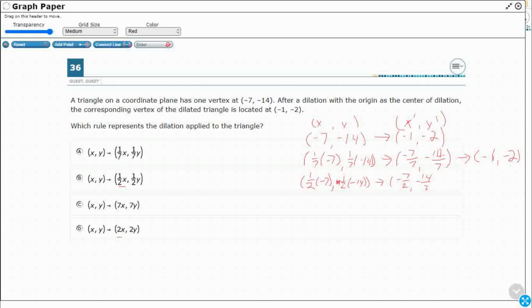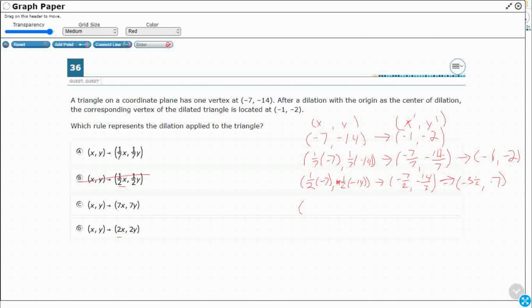Let's see, that wasn't a -1/2. I'll show it as a mixed number: -3.5 and then -7. So definitely not.